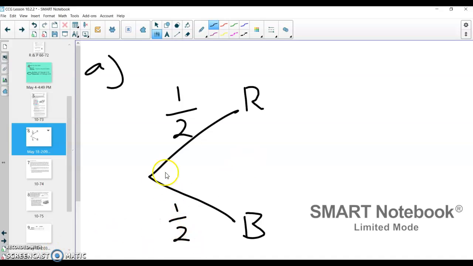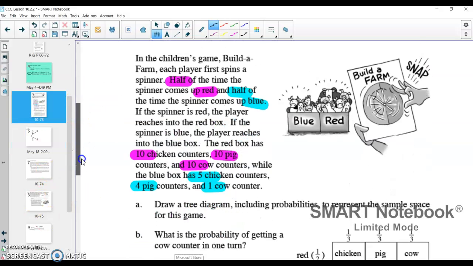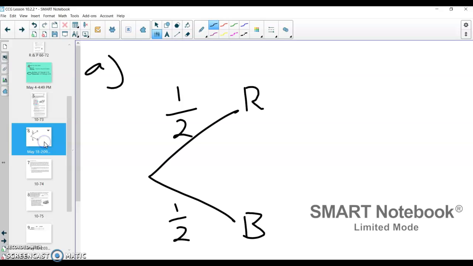Okay, now we'll branch off into the red category first, and then we'll do blue after that. But what happens if we say we do spin a red, then we get to reach into the red box, right? And that red box contains 10 chickens, 10 pigs, and 10 cows, or in total it contains 30 pieces. All right, and you have a 10 in 30 chance to get a chicken, a 10 in 30 chance to get a pig, and a 10 in 30 chance to get a cow. And so that's how the branches are going to work.